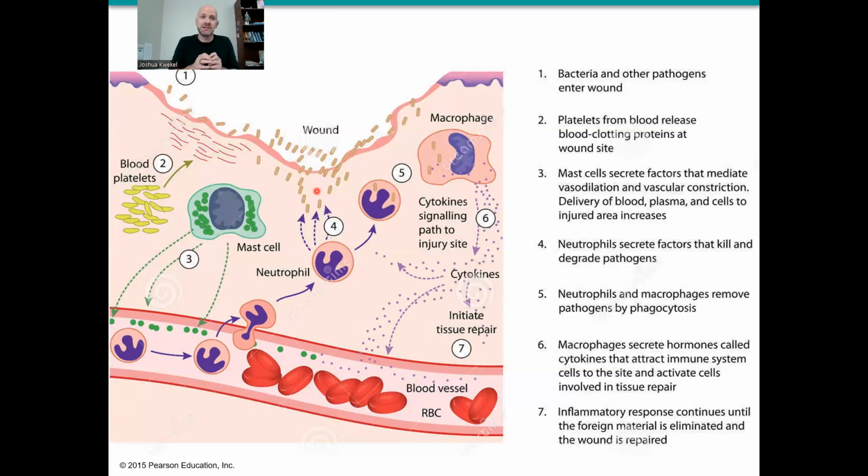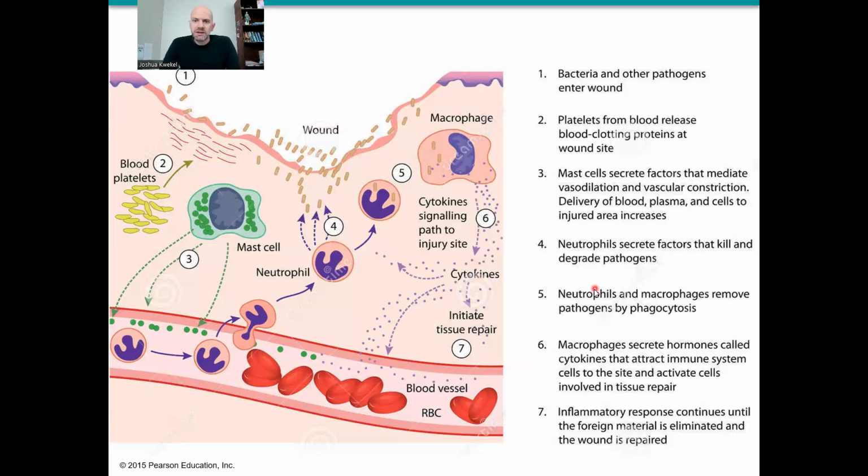You started with 100 cells, and now you have 1,000 or 1,000,000 cells, because they're eating, feeding, and dividing. And so the immune response has to be fast to stop the microbes' cell division, because bacteria like to divide and grow very rapidly. So it's a race against time to stop that cell division.